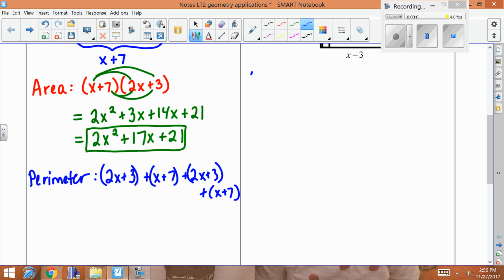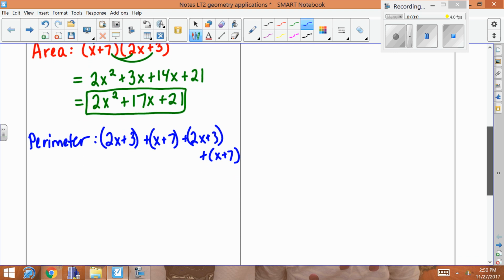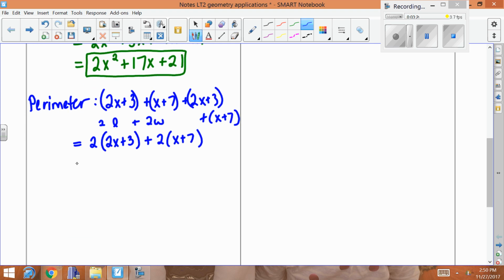I find a lot of times people really like to just do it as the perimeter formula as well. We can also think of that then as 2 times one of the sides and 2 times the other side, if you would rather think of it that way. Again, that's like twice the length plus twice the width on there. Doesn't matter to me which way you do it. Either way you get the same thing.